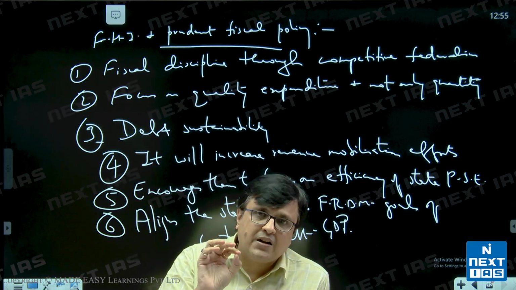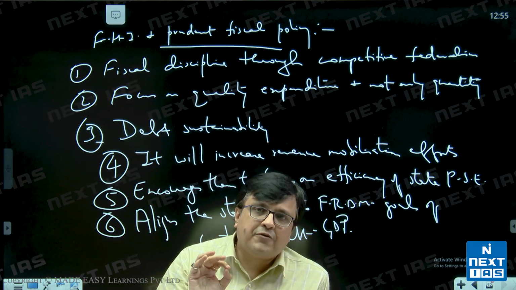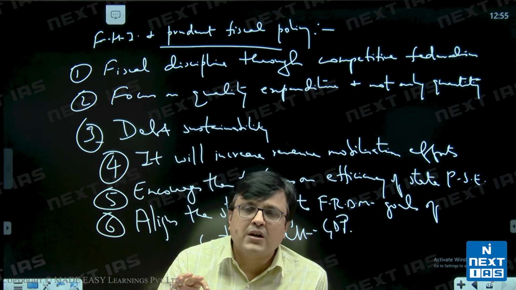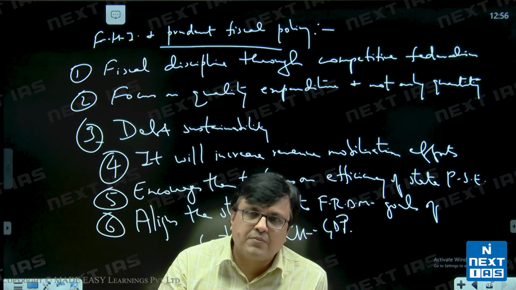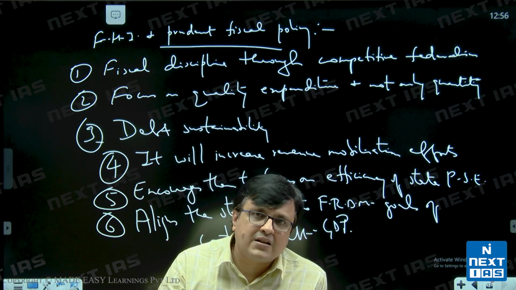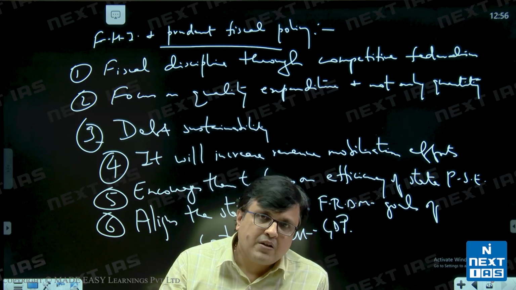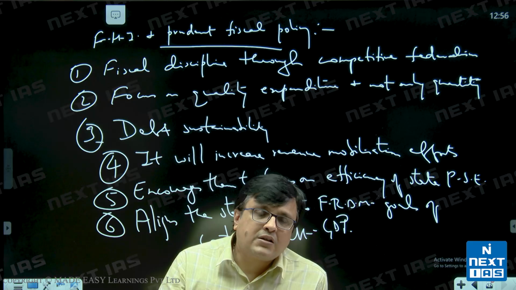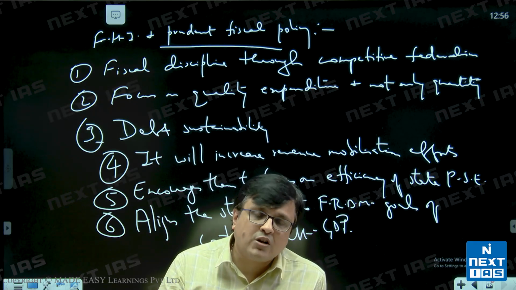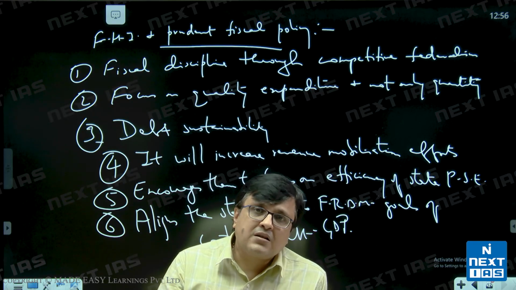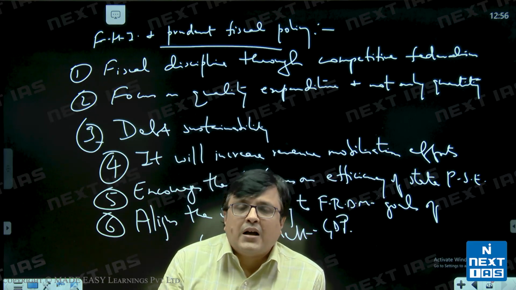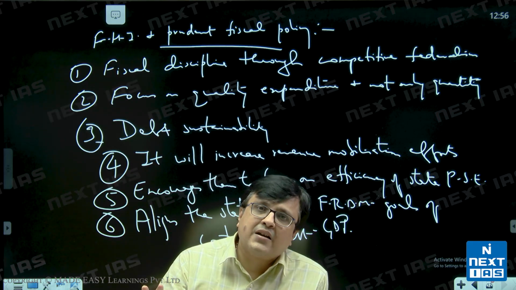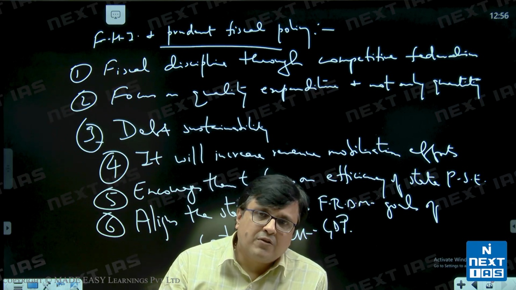Under PLI, government gives a fiscal incentive of 3 to 6% of the targeted sales amount that has been fixed for a firm on incremental sales that it does over a 5-year period.